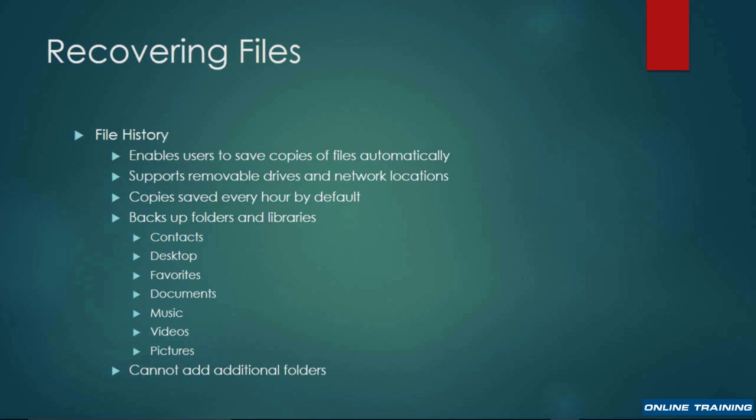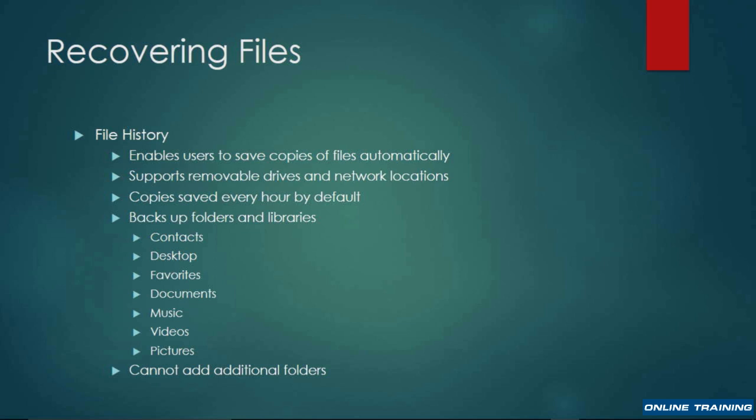Another way that it's different is that with a backup utility, you could actually tell it to back up particular files and folders. And that's not really the way that File History works. Instead, File History backs up particular libraries. Now there are some folders included like contacts, favorites, desktop. Those are not libraries, but documents, pictures, video, music, those are all libraries.